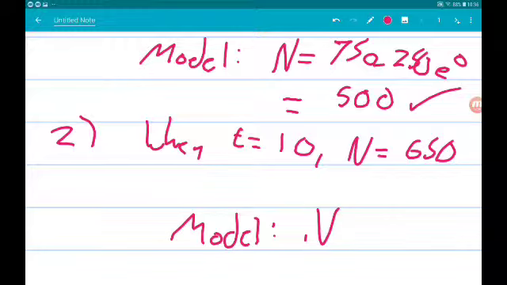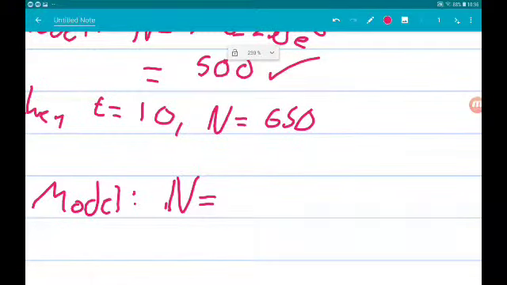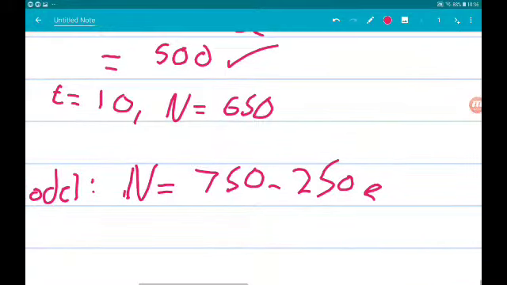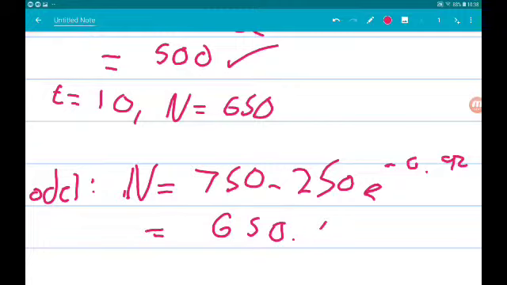N is 750 minus 250e to the minus 0.92, which gives us 650.4. So that also works.